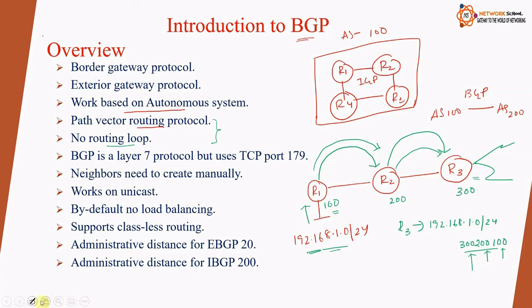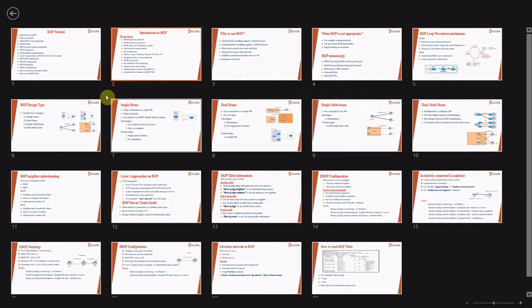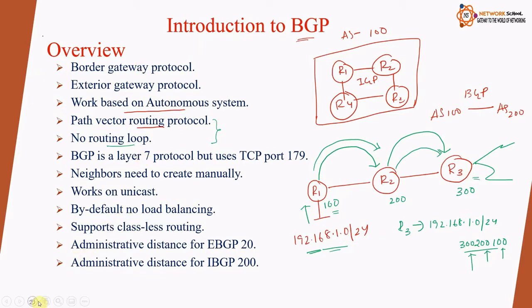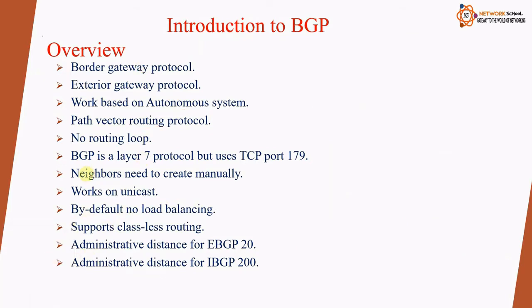Okay, so now let's say, BGP is a layer 7 protocol but uses the port number 179.